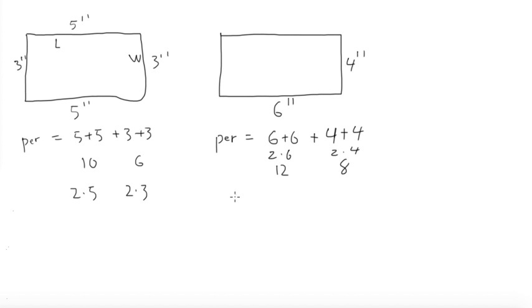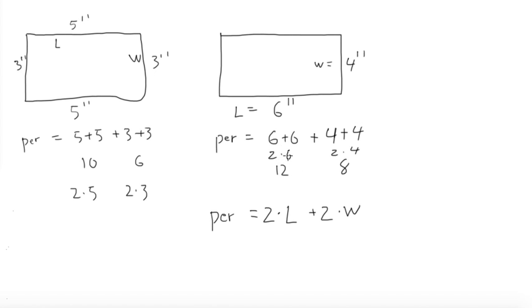we can see a pattern here, and the pattern is this. Perimeter of a rectangle is equal to 2 times its length, right? Let's say that's the length, and this is the width. 2 times its length plus 2 times its width.